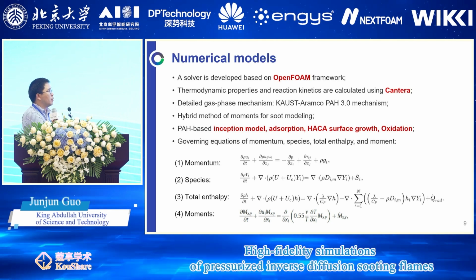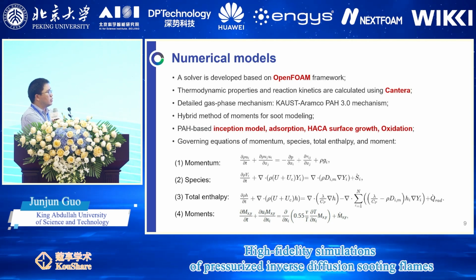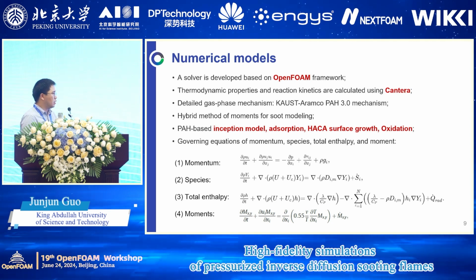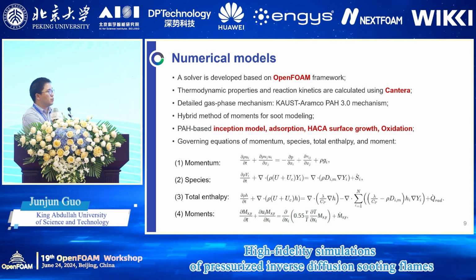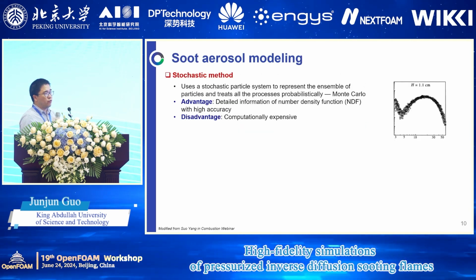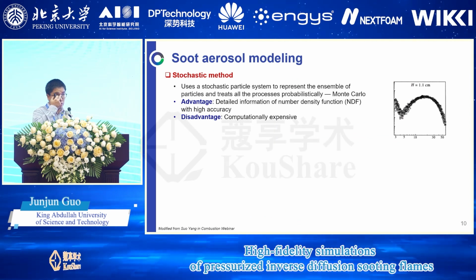And we use the method of moments for soot modeling. We're considering a detailed soot pathway. Here I give the basic governing equations for the momentum, species, enthalpy, and moments. Since we are more focused on the soot, here I will introduce the soot model we are using.